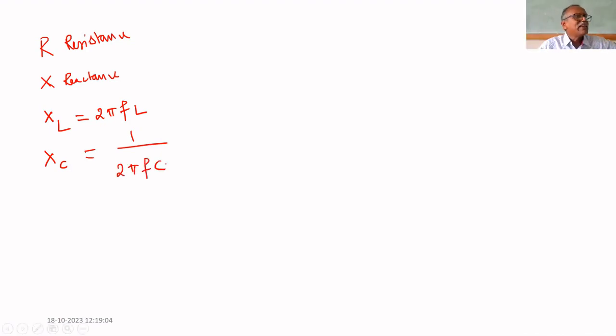It doesn't give any power loss. That's why it is the imaginary part, and that's why J is involved. This is also imaginary, doesn't give any power loss, that's why J is involved, but with a minus. Why is J there? Because there is no power loss. It is the imaginary part, only giving phase shift.